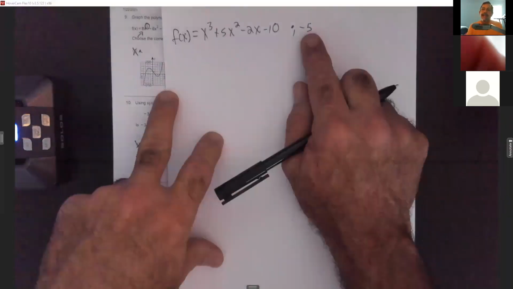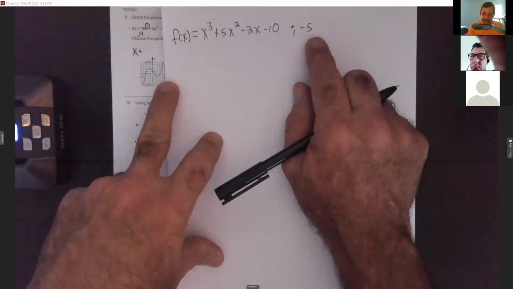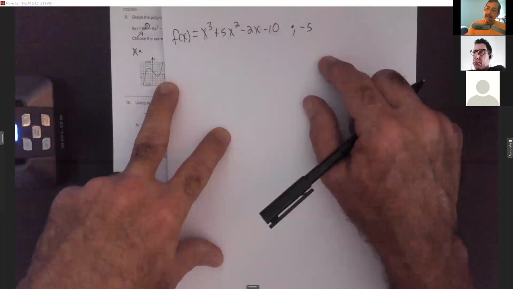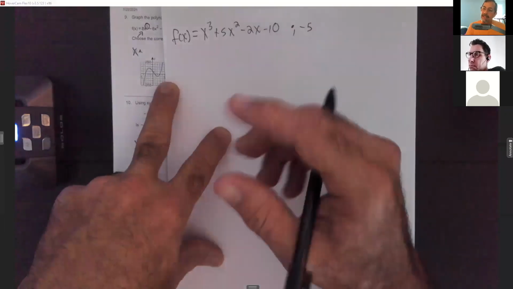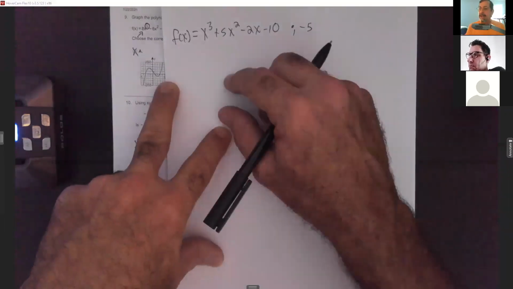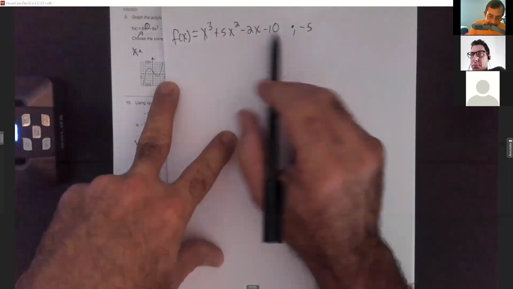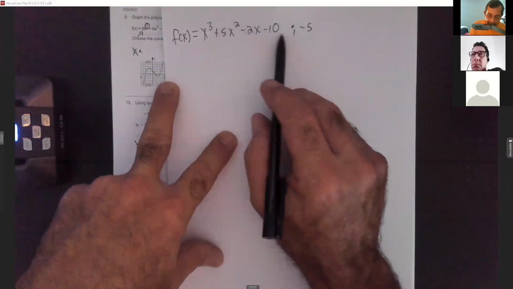So that means if negative 5 is a 0, I can use that in synthetic division, because my goal in synthetic division is to get it down to 3 numbers that I can use on my quad, okay? So let's write our numbers down. Degree 3 has to have 4 numbers.